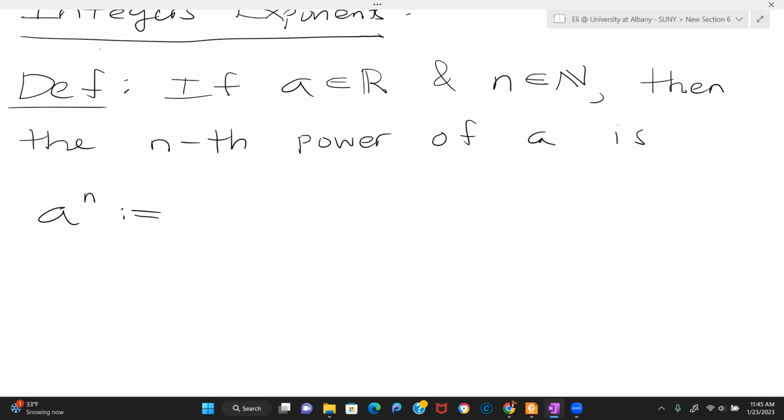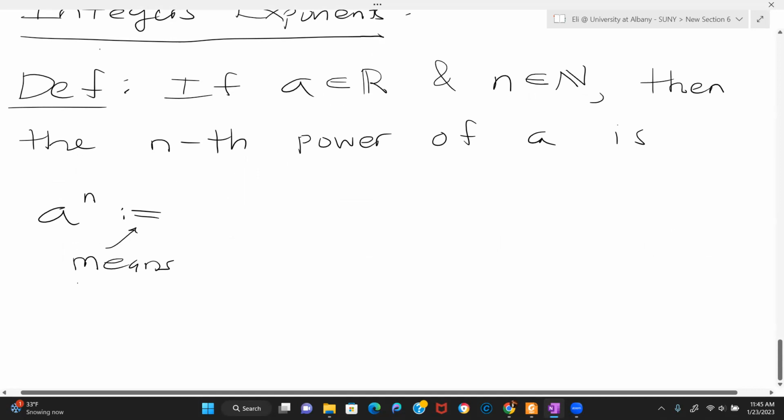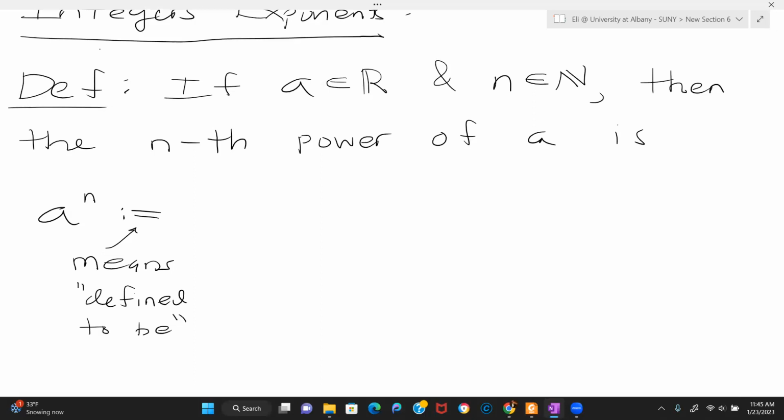Oh, I should say, this right here is a different notation than an equal sign. This means defined. It's basically like an equal sign, but if you take computer science courses, you'll see this notation a lot.